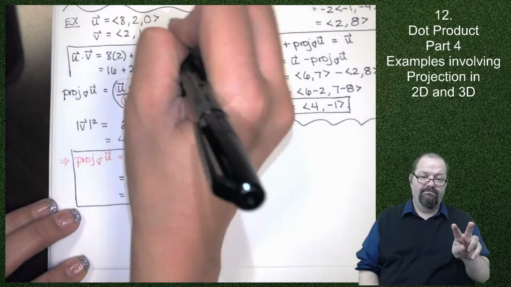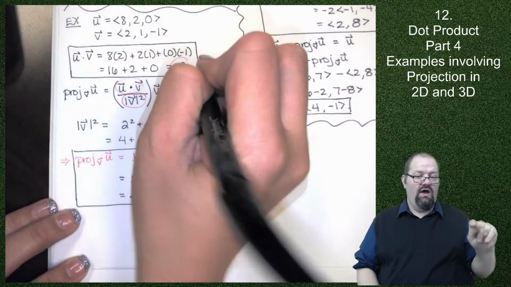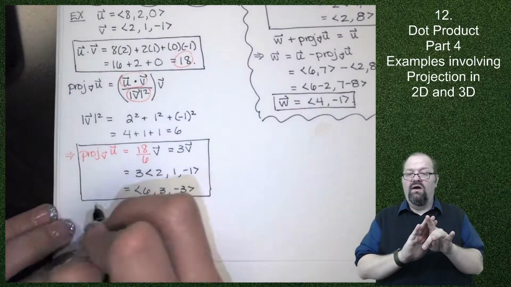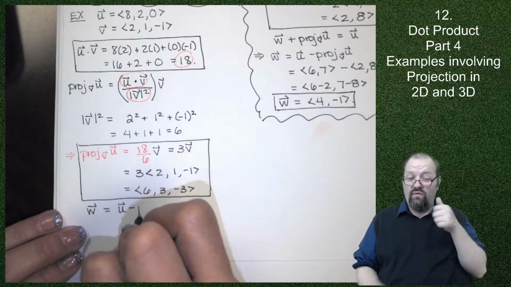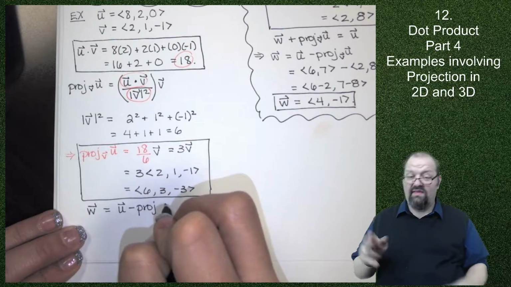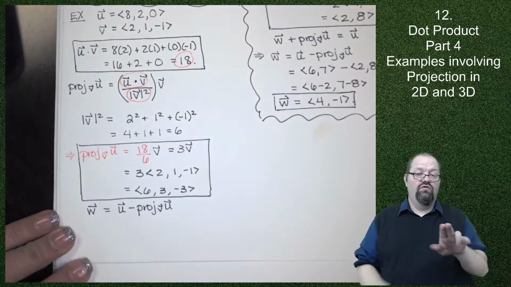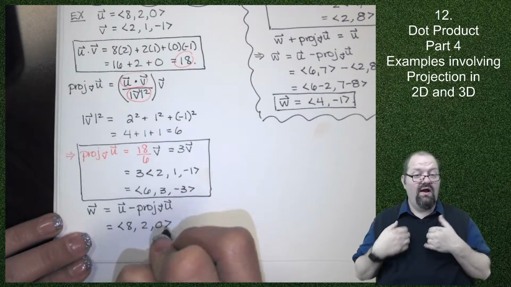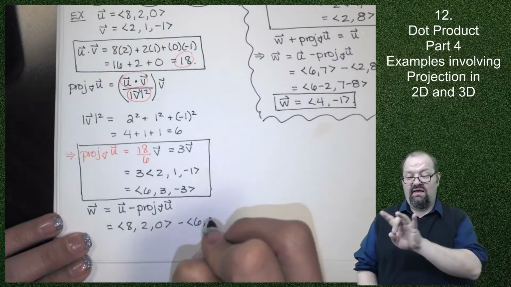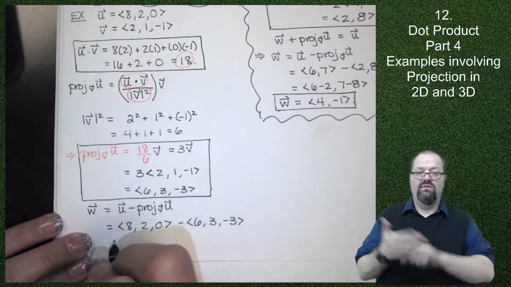So we found our dot product, we found our projection, and then to find W, remember we take U and we subtract the projection of U onto V. So I had this vector 8, 2, 0, and I'm going to subtract 6, 3, negative 3.